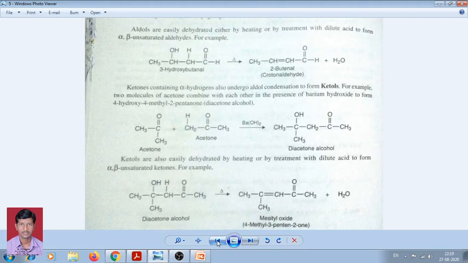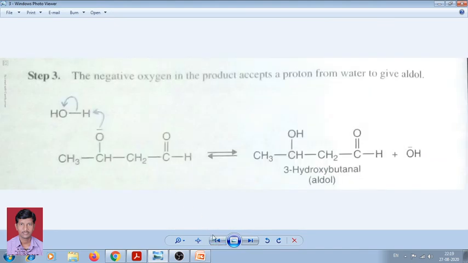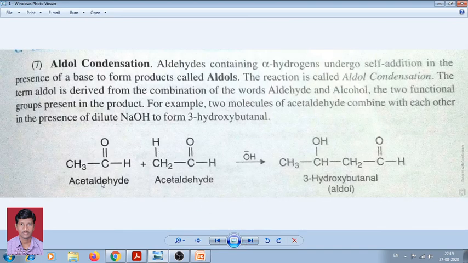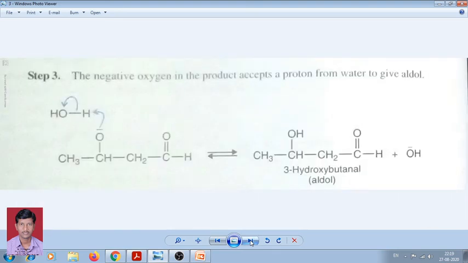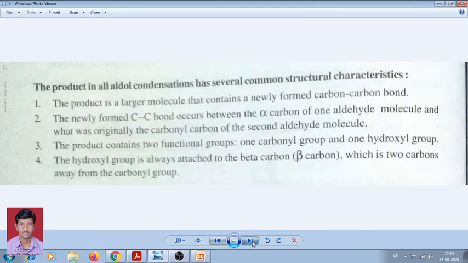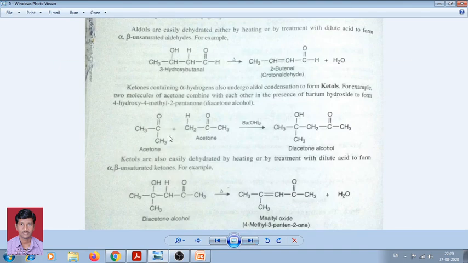In the earlier examples we discussed, the reaction takes place between the same carbonyl compound. Therefore, this is aldol condensation. The condensation takes place between the same functional group or same compound, that's why it is aldol condensation.